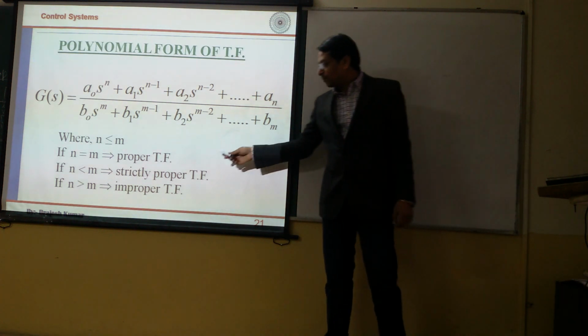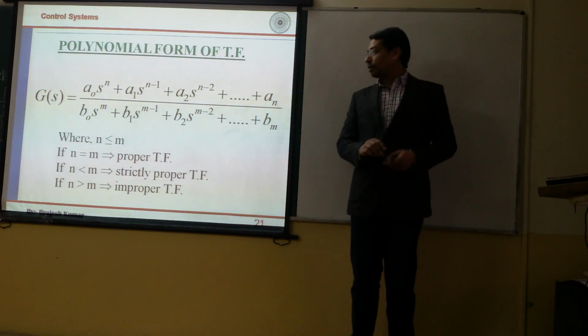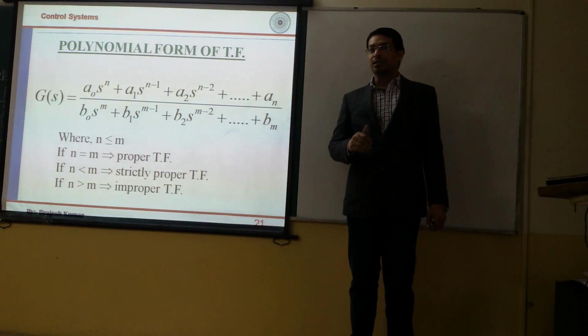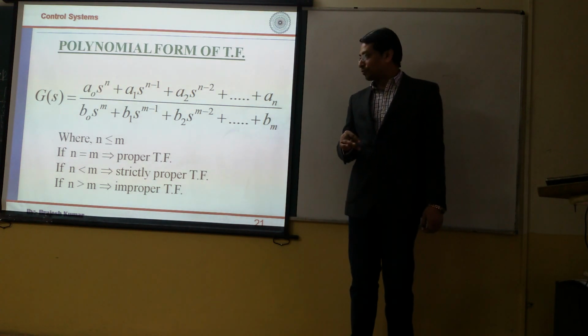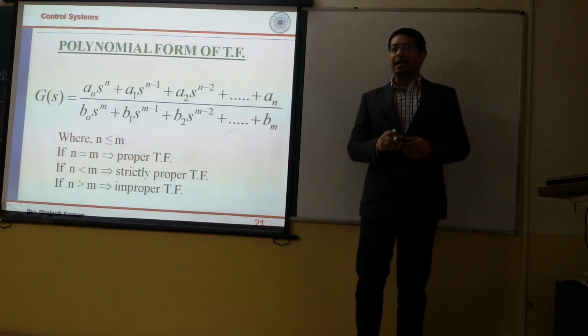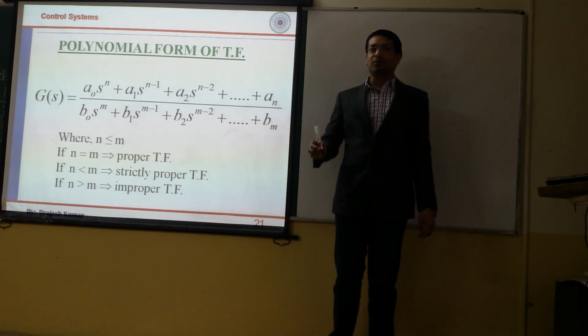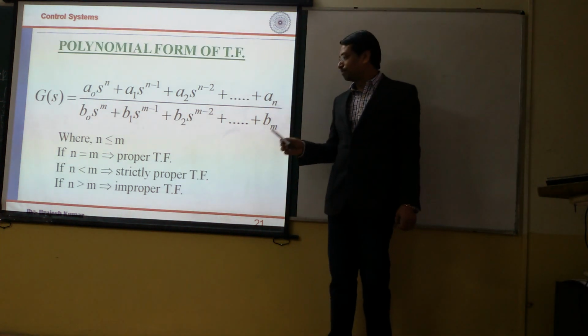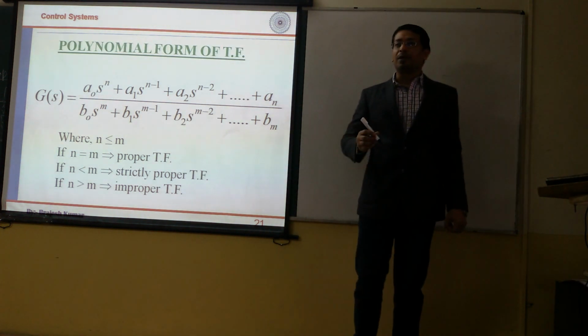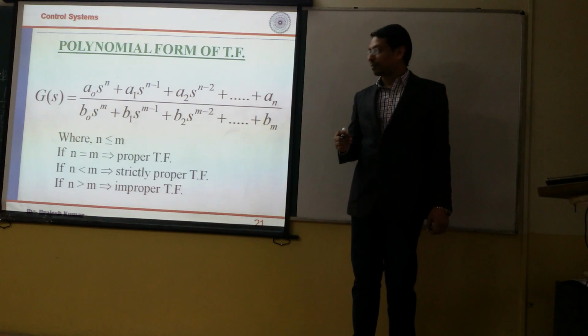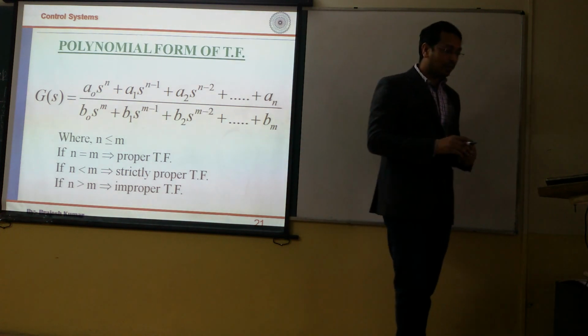Correct? And if m is equal to n, your transfer function is known as a proper transfer function, and if m is less than n, it is a strictly proper transfer function. Okay? Correct. This is just for your knowledge.